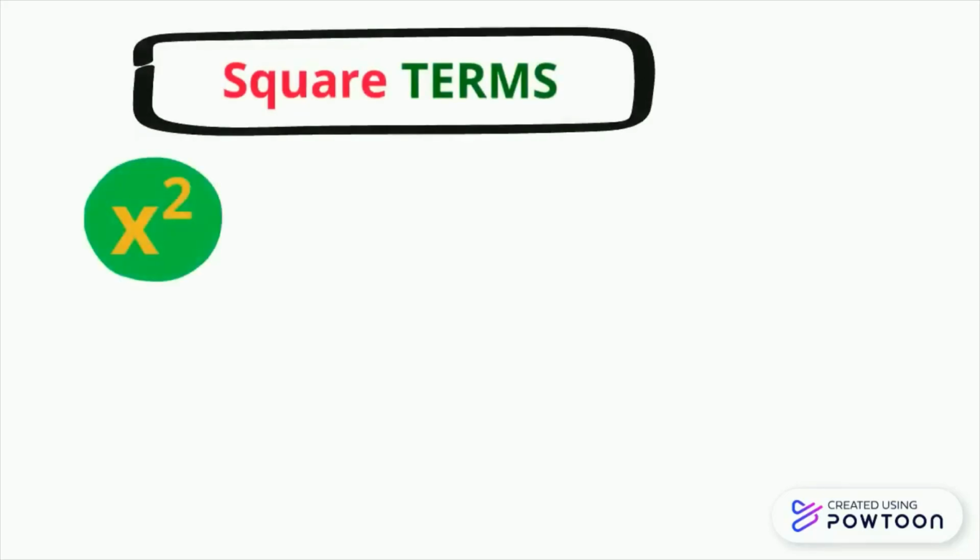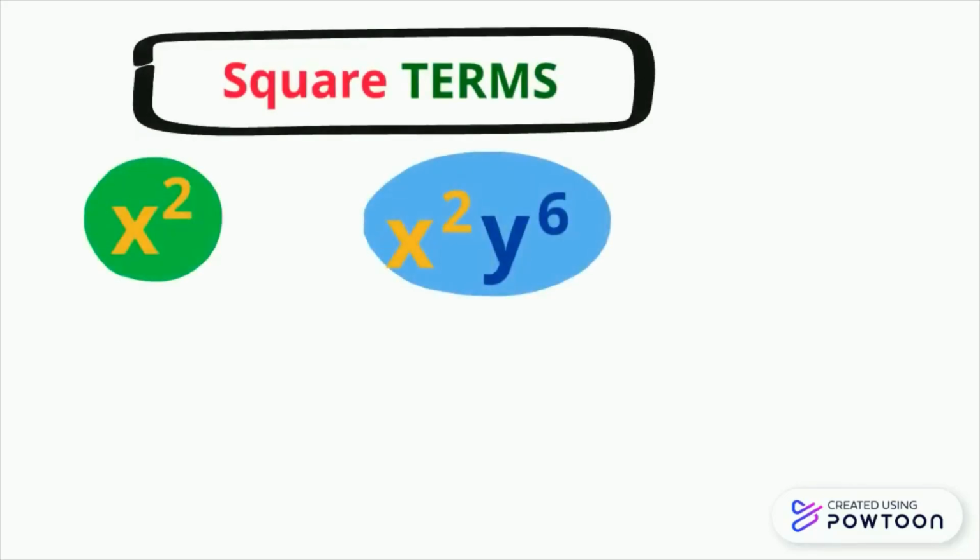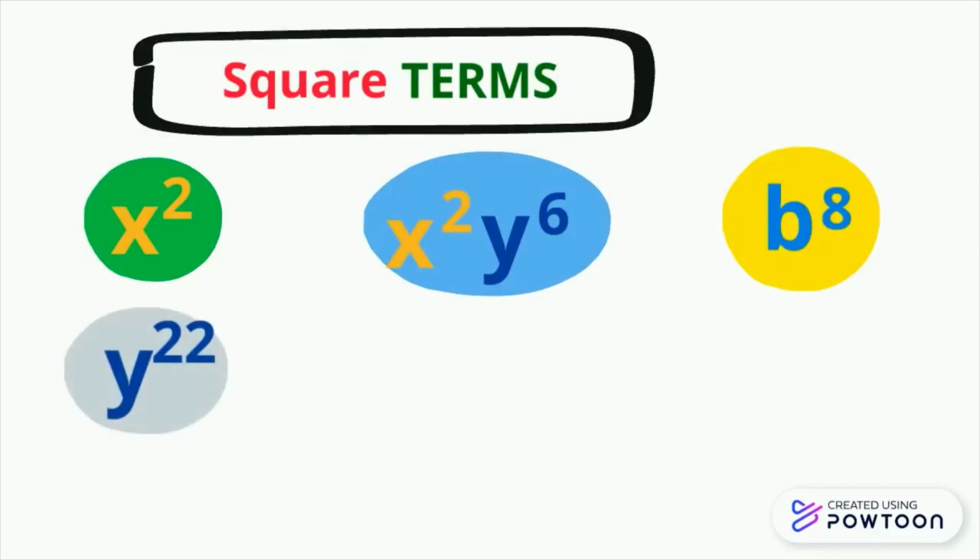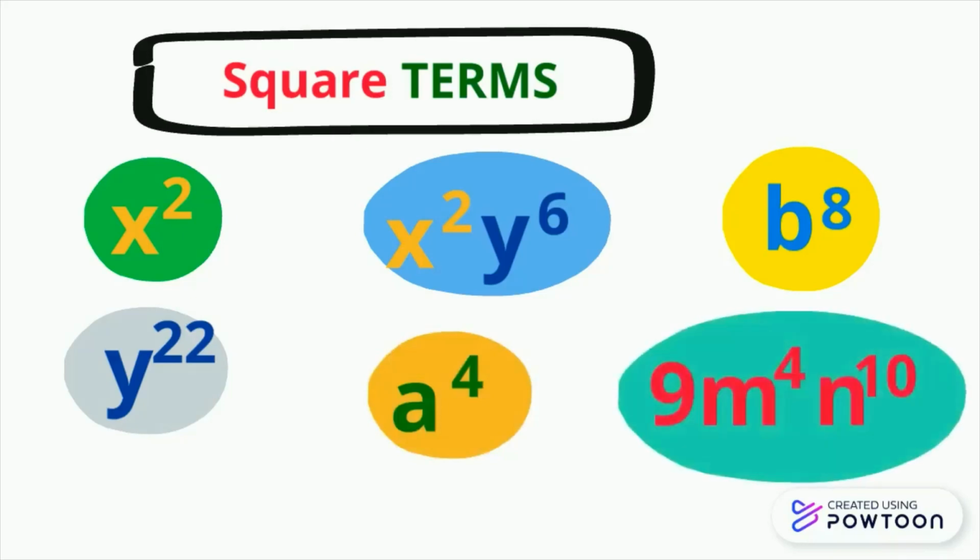Now solve the square terms. X squared, y to the 6th, b to the 8th, y to the 22nd power, a to the 4th, 9m to the 4th, n to the 10th.